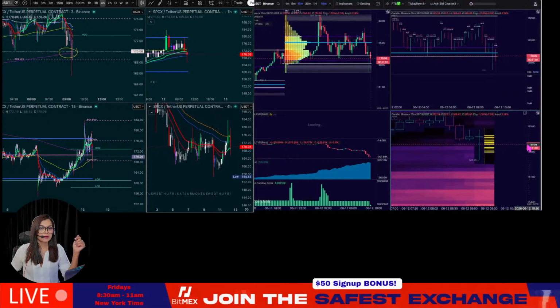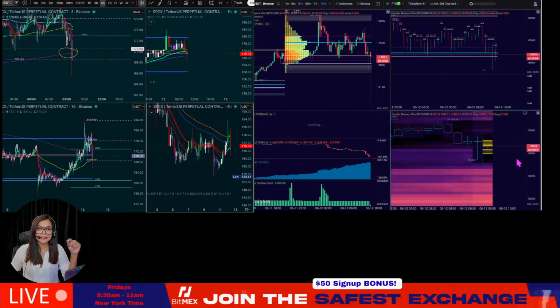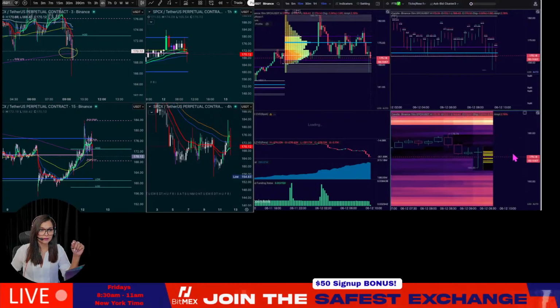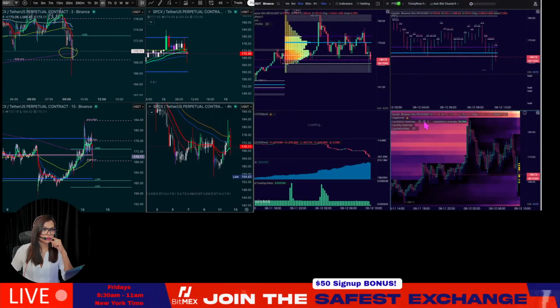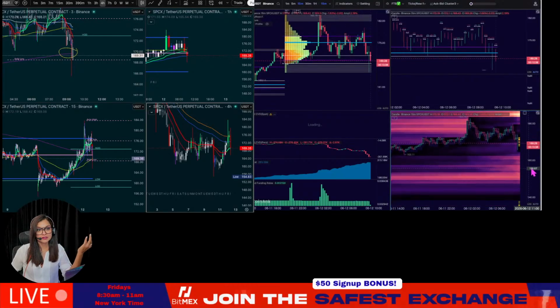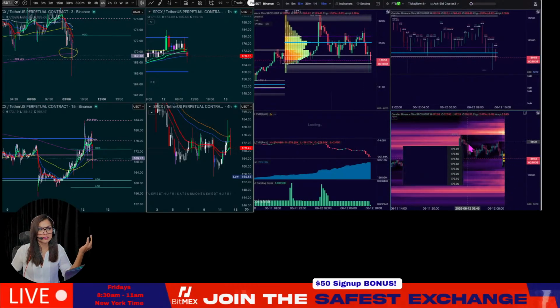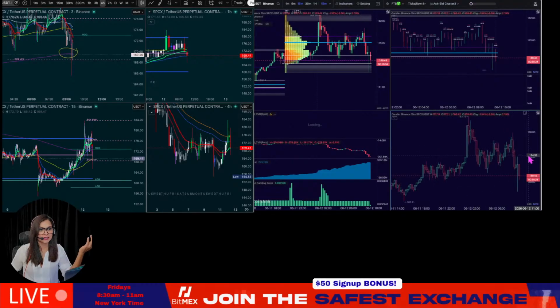Now, if you look at the liquidation levels, let me have a look here, liquidity heat map, liquidation map. Well, I guess everybody knows what this is. This is your liquidation heat map.